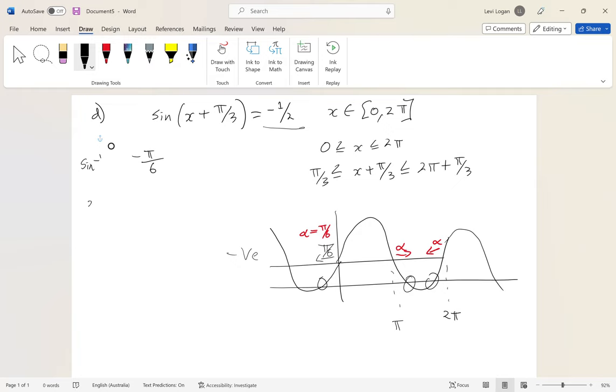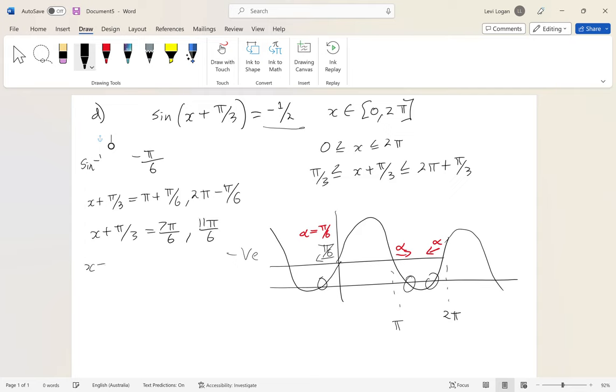So x plus pi over 3 is equal to pi plus pi over 6 and 2 pi minus pi over 6. So simplifying that, we have x plus pi over 3 is equal to 7 pi over 6 and 11 pi over 6.